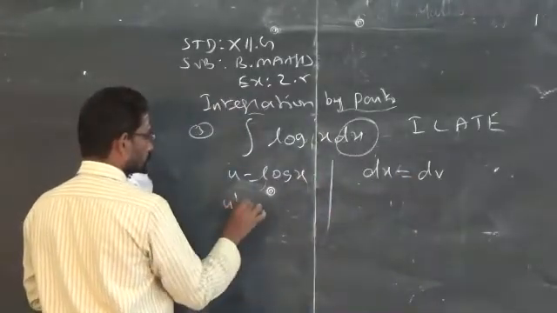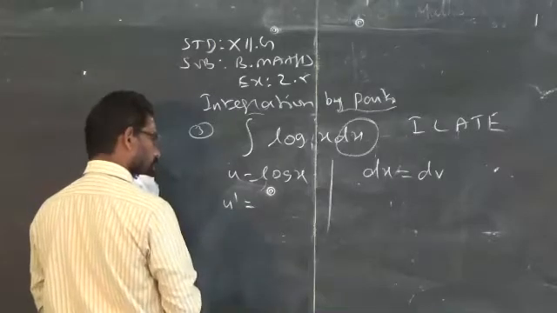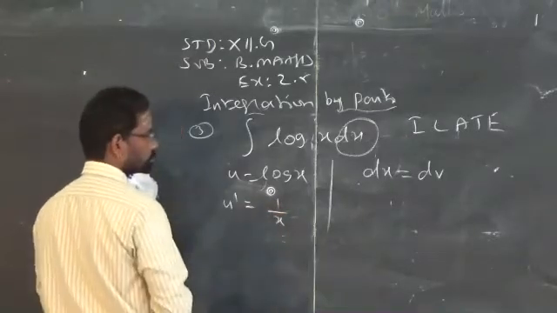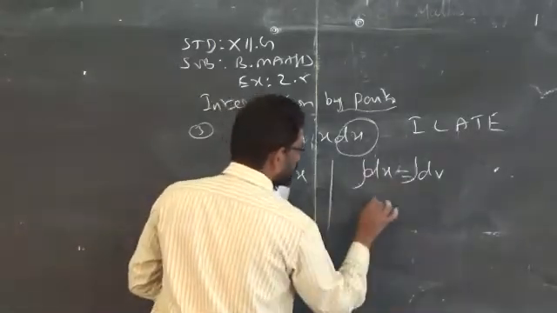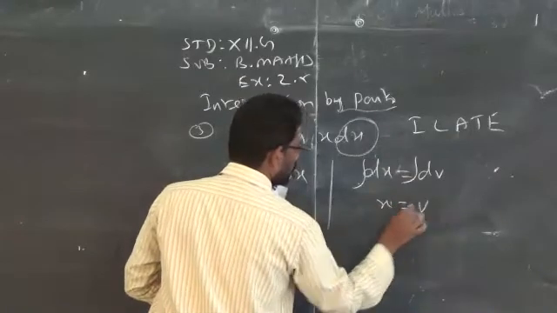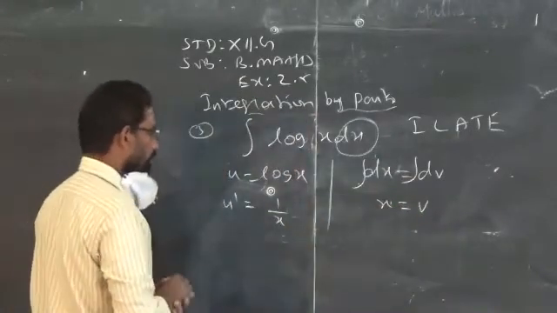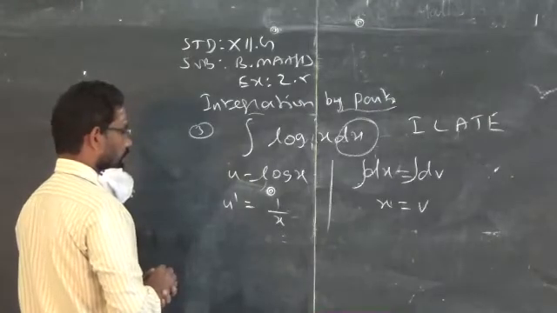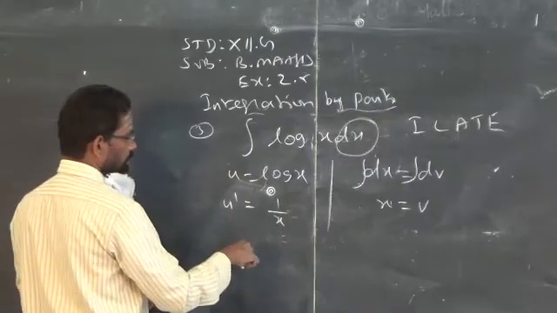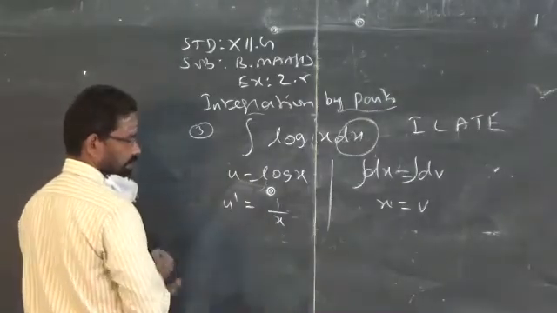Then u dash, first differentiate: 1 by x. Integration of dx, v is equal to x. Clear? Then if you go for u double dash and u triple dash, the powers will keep increasing.